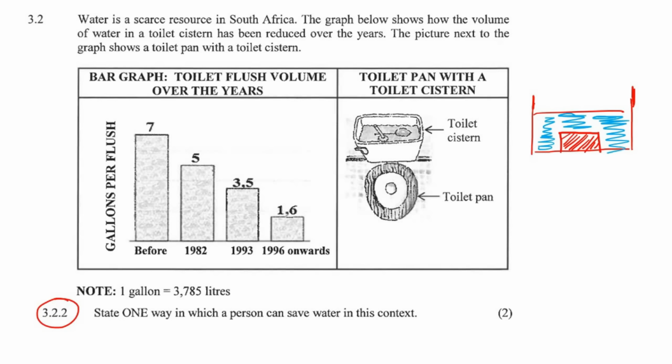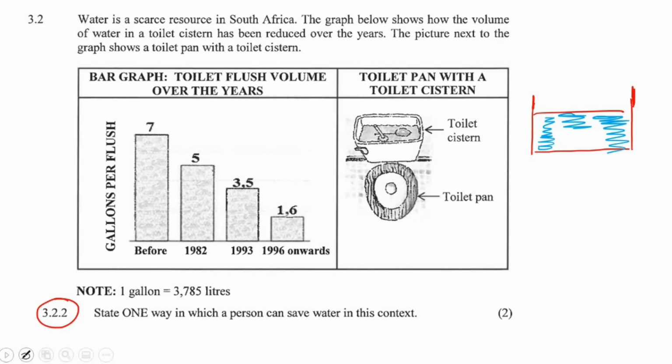And once it gets to this level, the water stops flowing in. So it's not about how much water comes in, it's about when it reaches the maximum level, then the water stops flowing in. So you see how by putting the brick there, we've used less water, because this part over here used to be water as well.